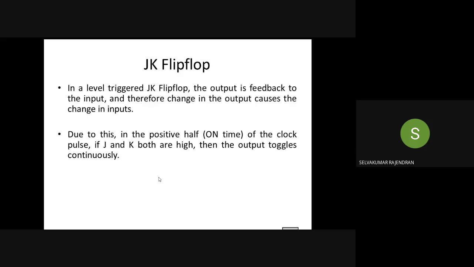If J and K are both equal to 1, the output of JK flip-flop continuously toggles. Toggling means 1, 0, 0, 1, 1, 0, 0, 1.